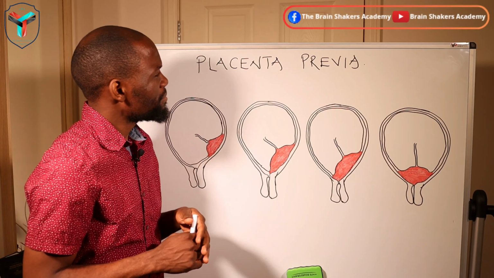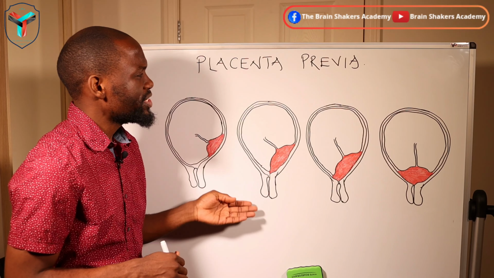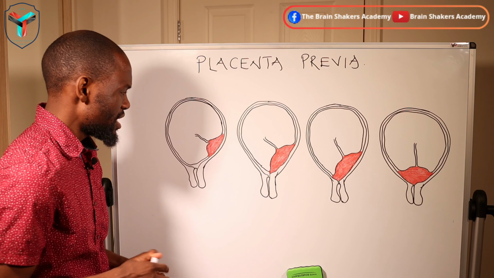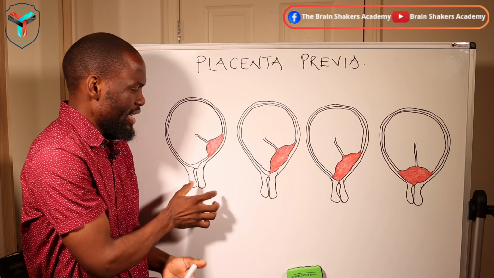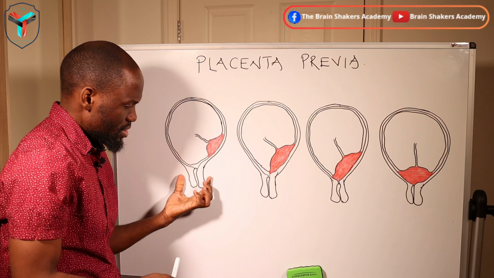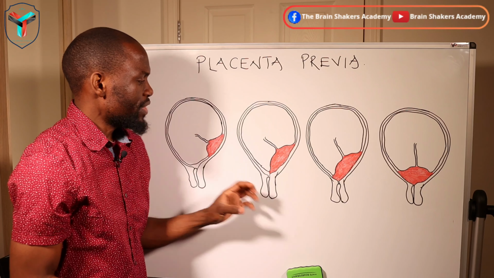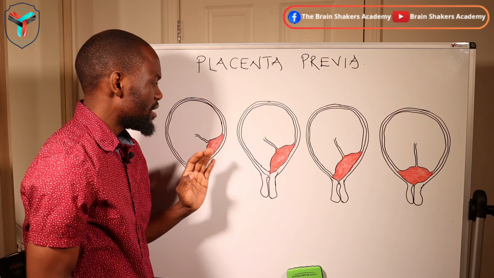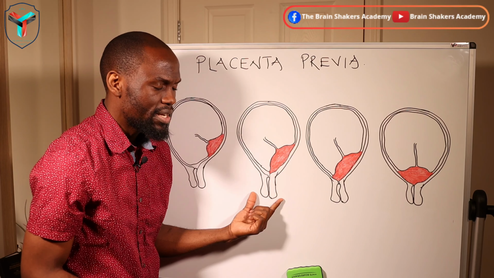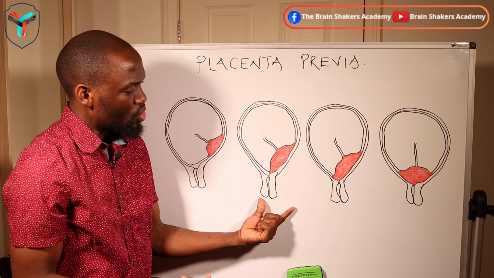So right here with me, I have drawn 4 diagrams that are going to help us in understanding what a placenta previa is. You have a uterus here and you have a placenta in each of them, and then what you see protruding on the bottom end is actually the cervix. We need to also make mention that the cervix has what is known as a cervical os.